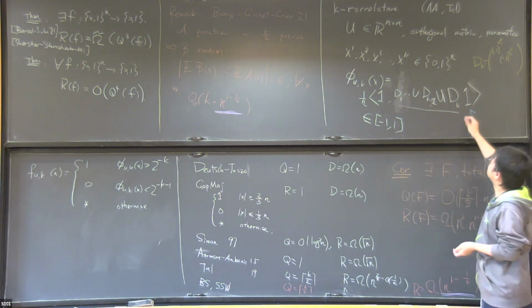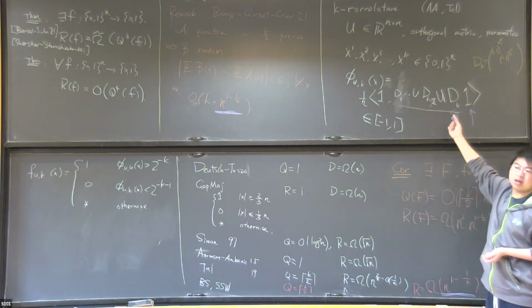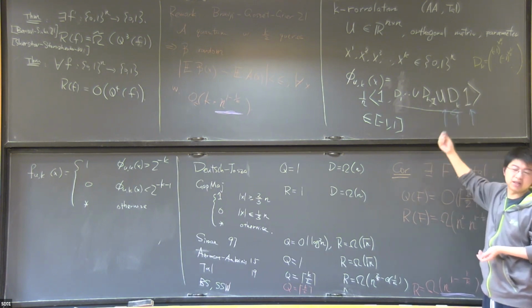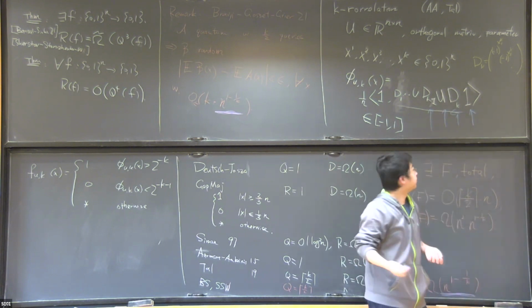And then you make a query to the last block of your inputs. And then you apply this orthogonal matrix, and then you query the second last block of your inputs.